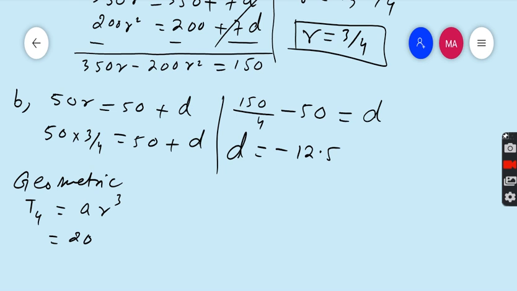It is given 200, r we have found 3 upon 4 cube. 3 cube is 27, 4 cube is 64. With the help of a calculator, you will find the value of T4. Your answer must be 84.375.